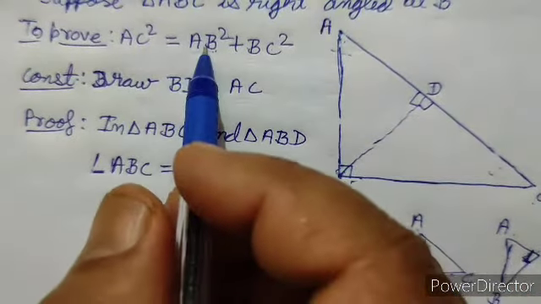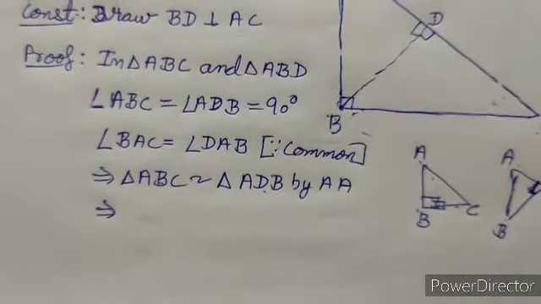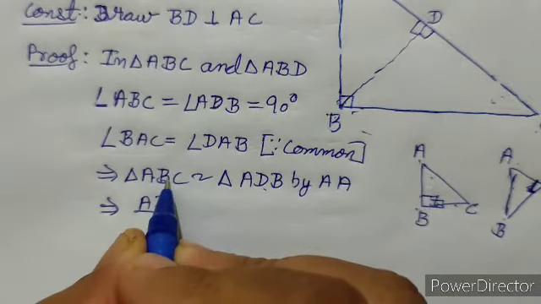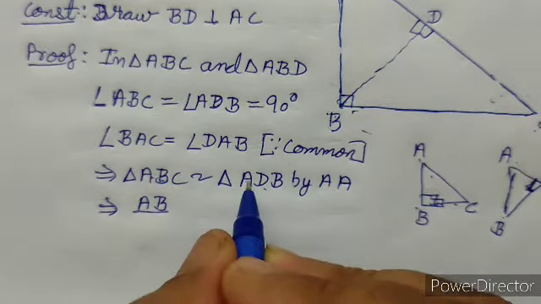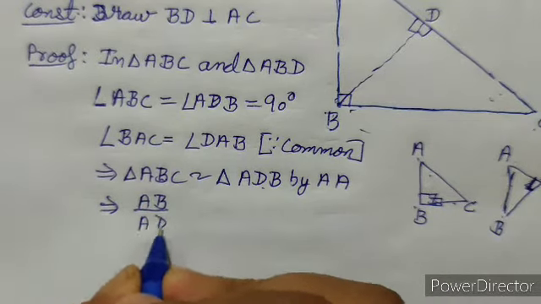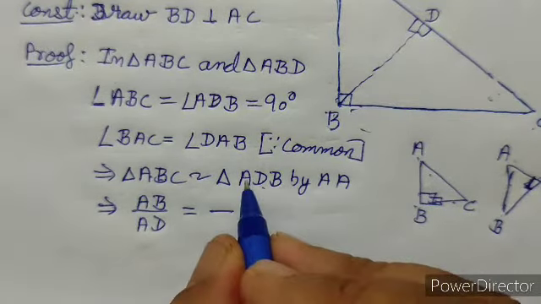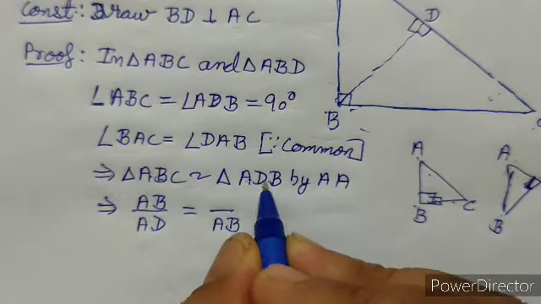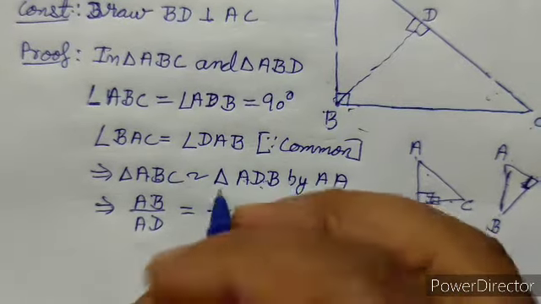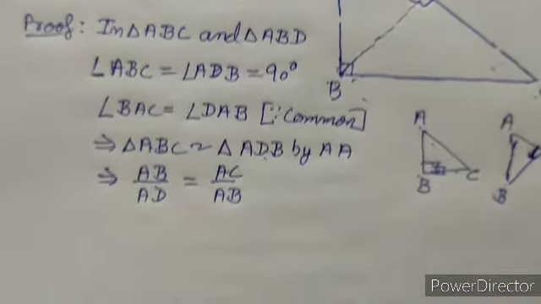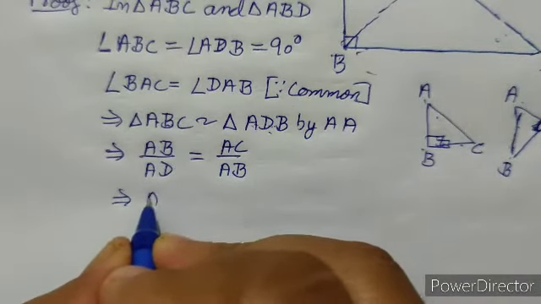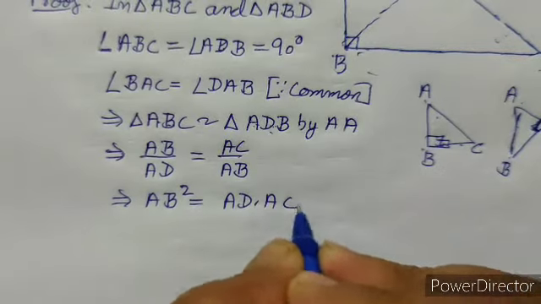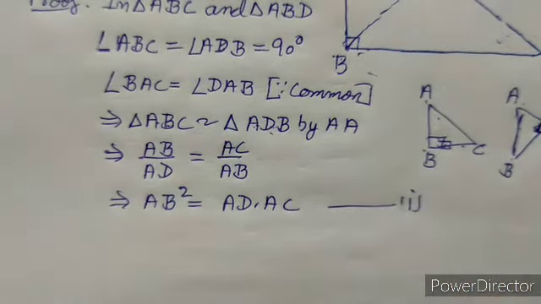And as we have to find the value of AB square, from triangle ABC we will take side AB and its corresponding side in triangle ADB is AD, and that will be equal to, now we will take AB in triangle ADB and its corresponding side in triangle ABC is AC. On cross multiplying it, we will get AB square equal to AD into AC, and this is equation first.